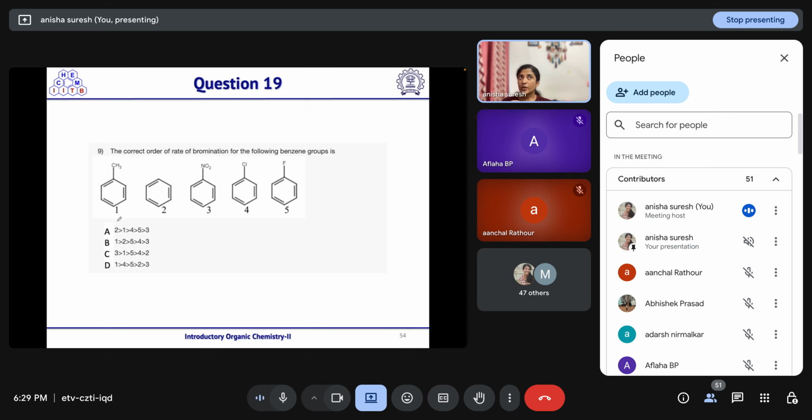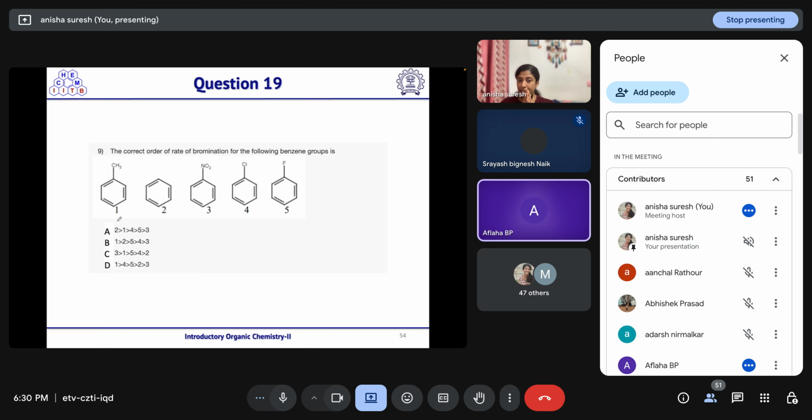If some electron donating group is present in the benzene ring, it will make it more electron rich and the rate of the reaction will be faster. And if an electron withdrawing group is present, the benzene ring will experience less electron density, or it will be electron poor compared to normal benzene. So you have to consider that before determining the correct order of the rate of bromination in this case.